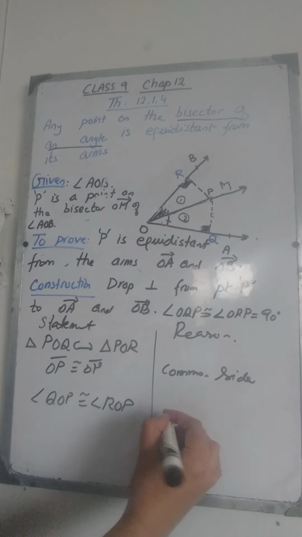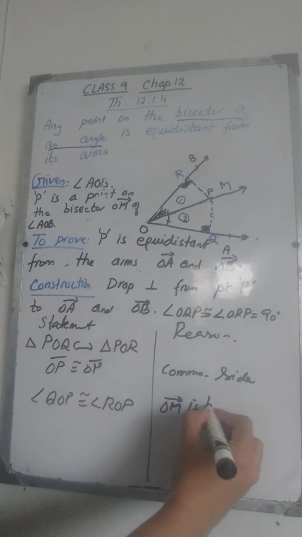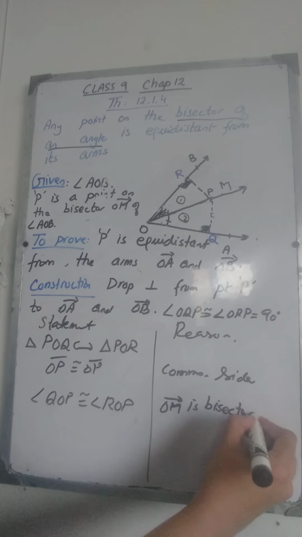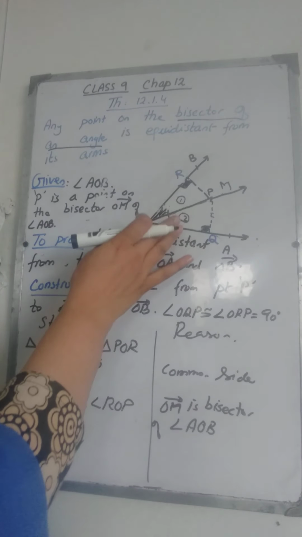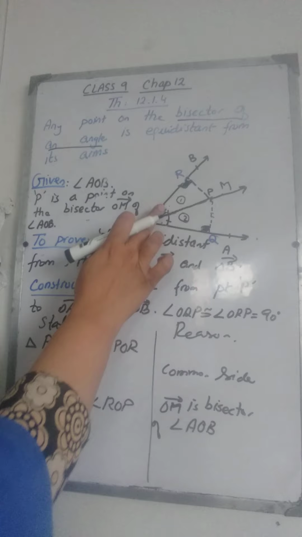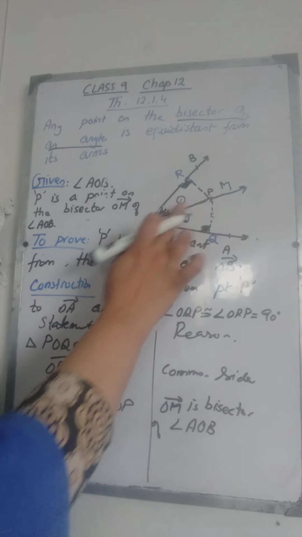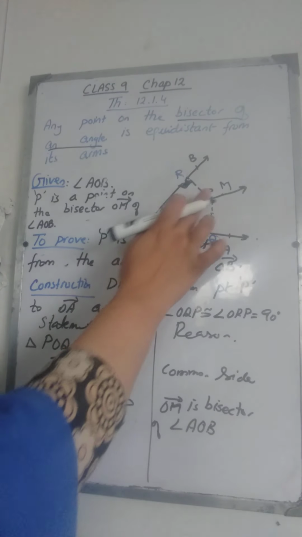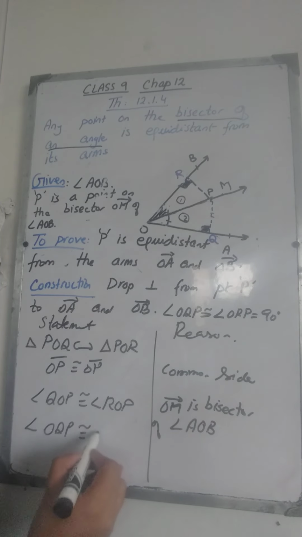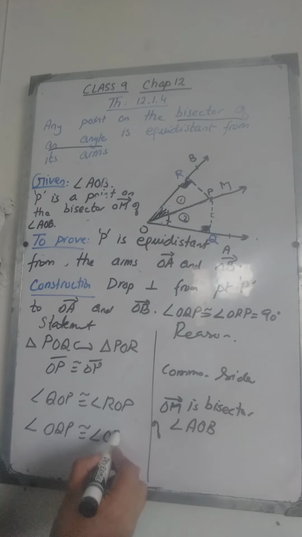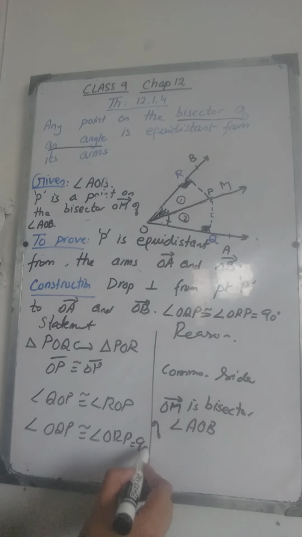This is because OM is the bisector of angle AOB. As it is the bisector, it will divide this angle into two equal halves. It means this half will be equal to this. So angle QOP will be congruent to angle ROP. Also angle OQP is congruent to angle ORP. Both are equal to 90 degrees.